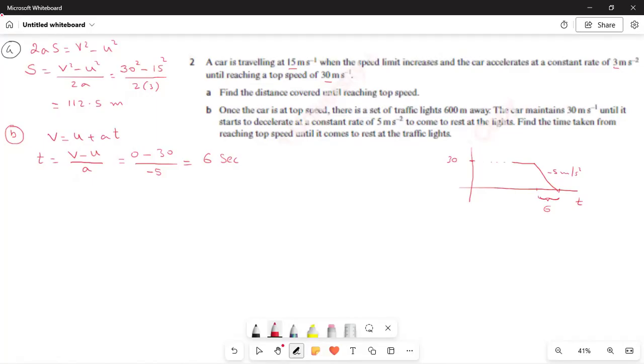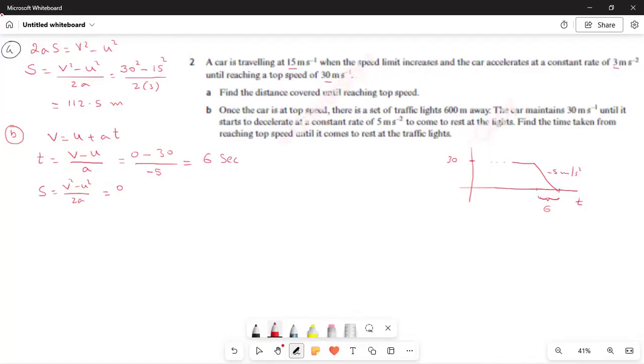Now how much distance would it have covered in this period? Again, I will use the same formula: the distance is equal to v squared minus u squared over 2a. But in this case, the final speed is 0. Before, the final speed was 30 and initial speed was 15 because it was accelerating from 15 to 30, and now it's going down from 30 to 0.